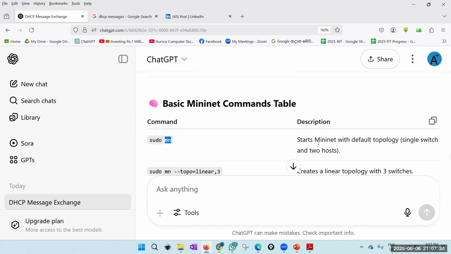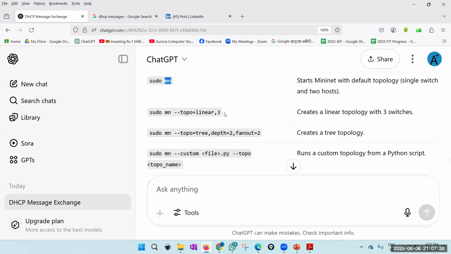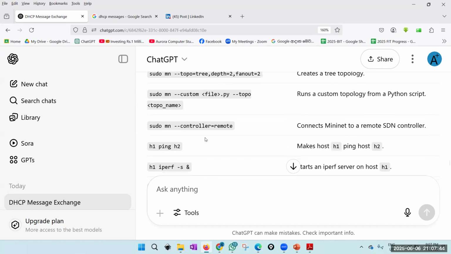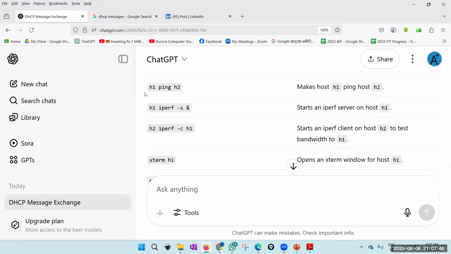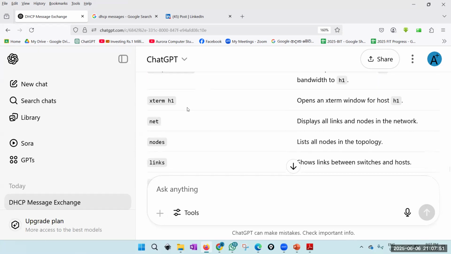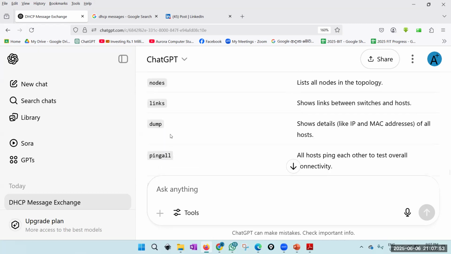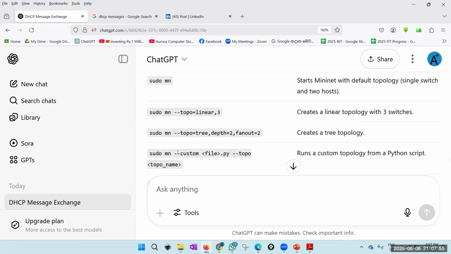So this is how you start Mininet. Then create a linear topology with three. This is just a virtual thing. Tree topology, right? This is one that they have asked. But maybe you can have a look at a few other commands as well.